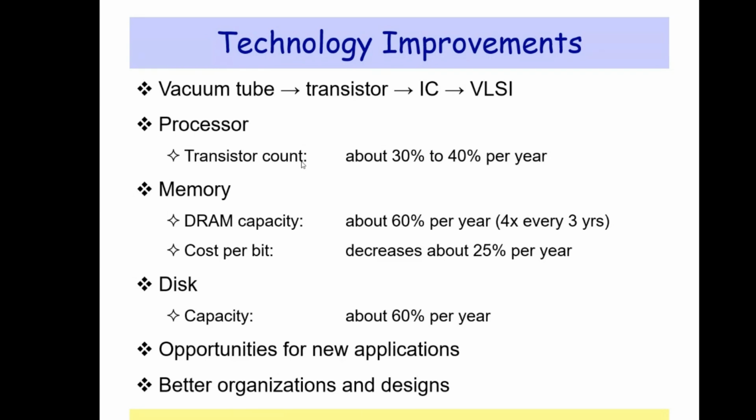Now we are at 36 GB, and I think Samsung started making a 2 terabyte RAM somewhere, still in process. We are improving the technology too rapidly, so we are at a high pace. And your cost per bit decreases about 20% per year.